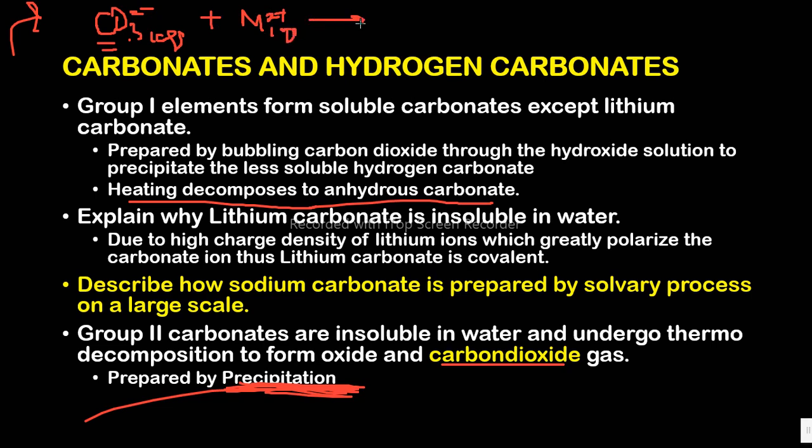When you react them, we shall get our insoluble carbonate, M carbonate, where M is a group 2 element, and this is a solid. M can be beryllium, magnesium, calcium, strontium, and M can also be barium.